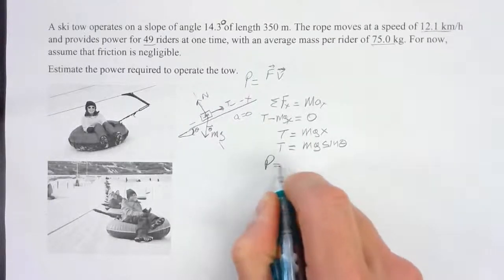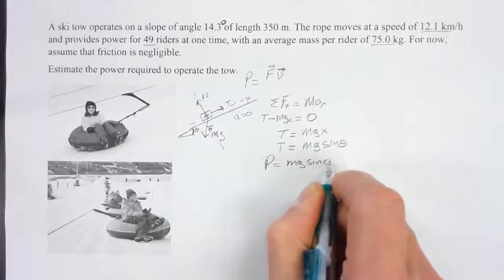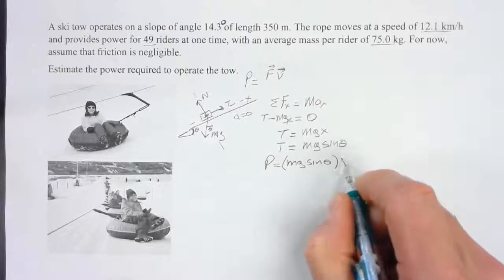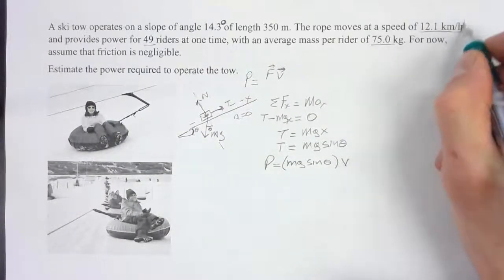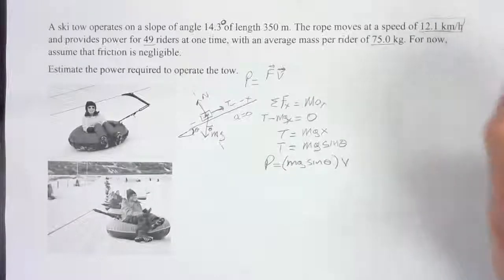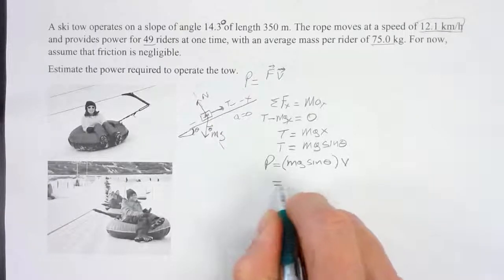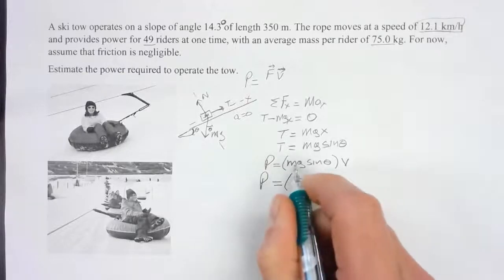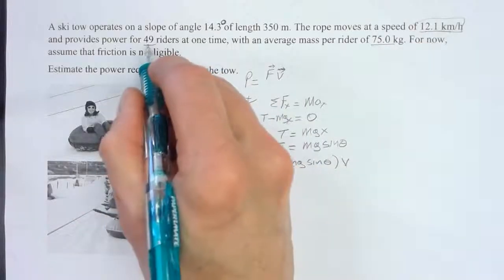The power is going to be mg sine theta, that's the force, times the velocity. We do have an issue here that this velocity is in kilometers per hour, and I've got to convert it to meters per second. But we'll plug all those numbers in along with the conversion and see what we get. So this power is, the mass now, 75 kilograms per person, but there's 49 people.